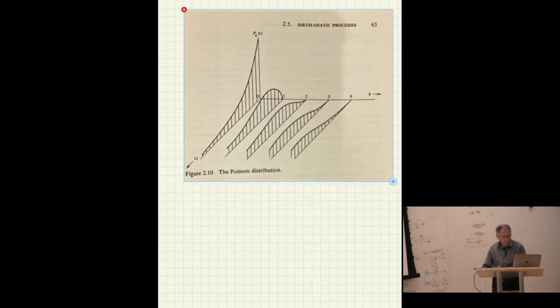That's what that two-dimensional function looks like. And notice we have k going in this direction, and essentially t going in this axis, and the function we're after, pk of t, in this direction.